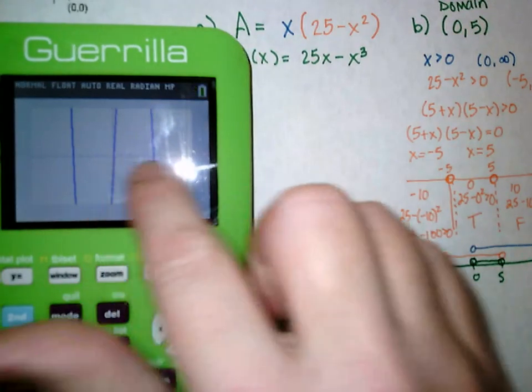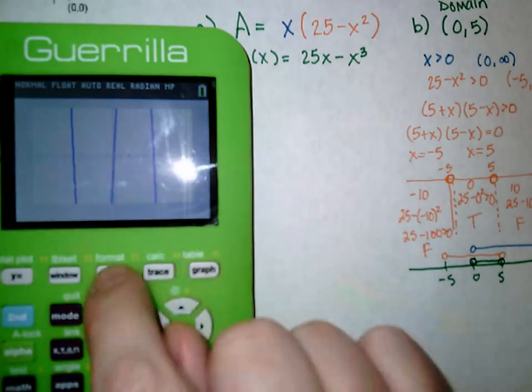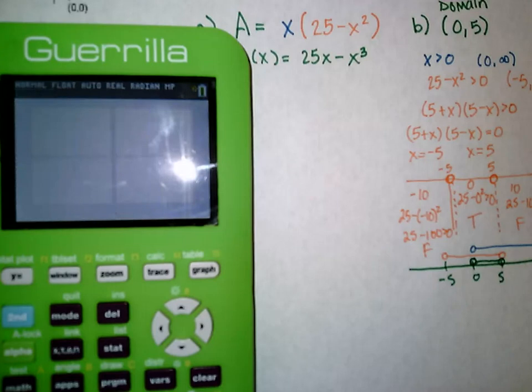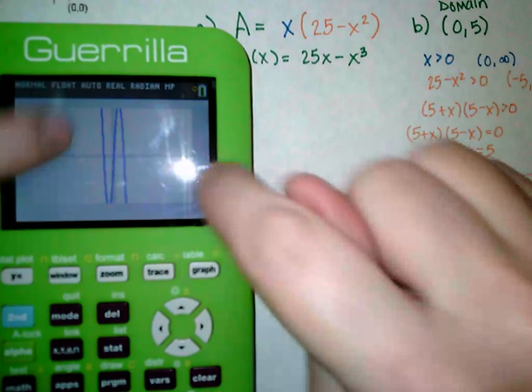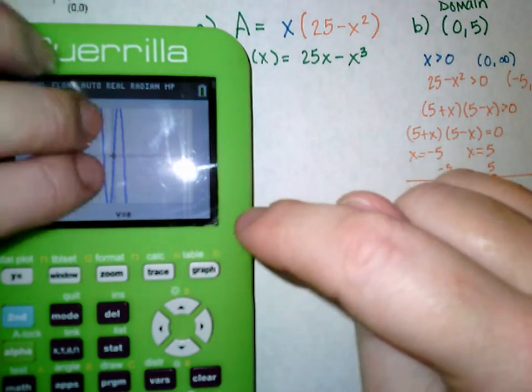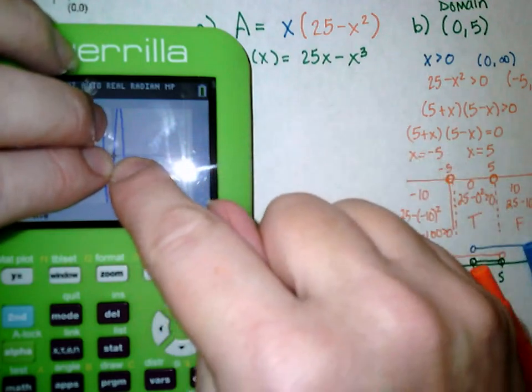So since I'm looking at my domain being from 0 to 5, because this curve represents the area, you can see that I would not want my area to be negative. So I also wouldn't want my width to be negative. So I've got to restrict this to just where my area is positive over here.